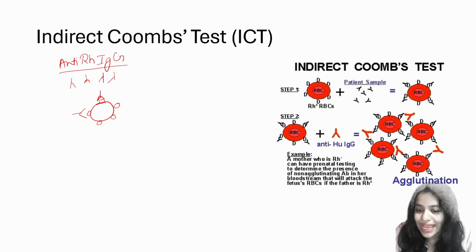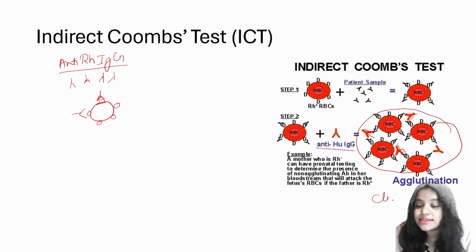That's why we add this Coombs reagent, okay? This anti-human IgG is added, which you see here is doing what? Binding to more than one RBC at a given point. It is forming a cluster, okay? This cluster is a visible agglutination.